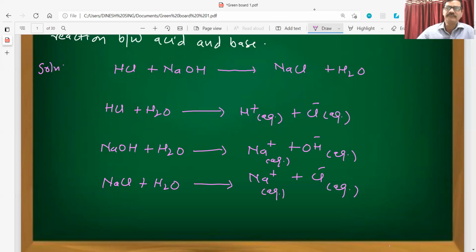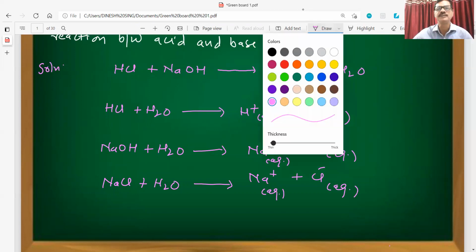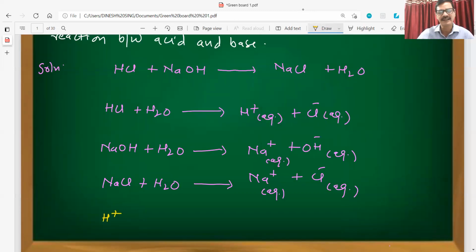So we can see that the actual reaction now taking place is between H positive and OH minus. So what is forming here? H2O, a liquid, is forming.